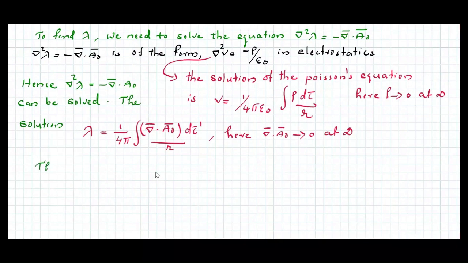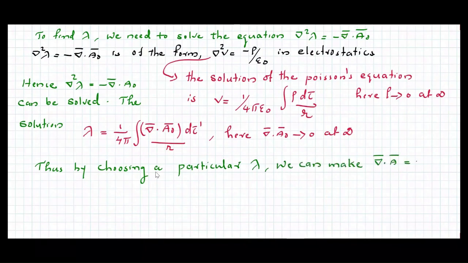While solving Poisson's equation, we assumed that rho tends to 0 at infinity. In the same way, the equation for lambda is valid when del dot A0 tends to 0 at infinity.